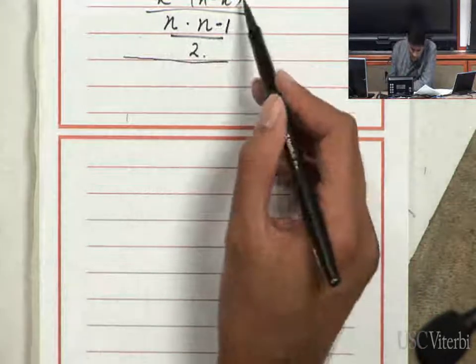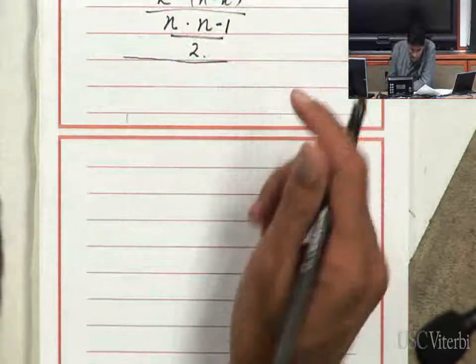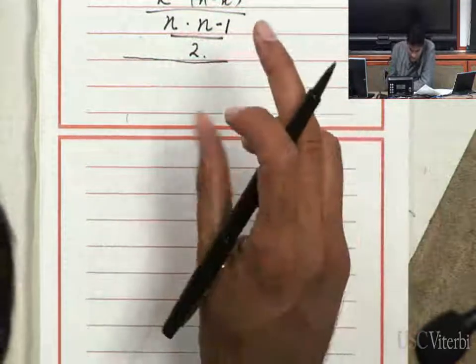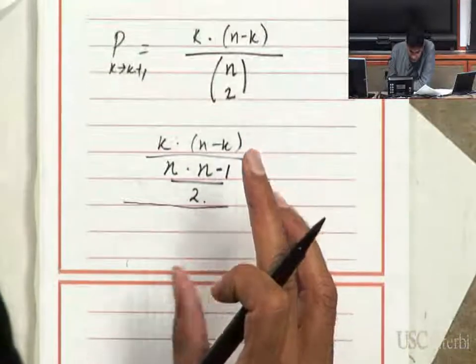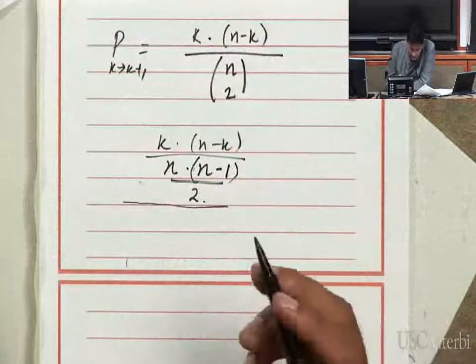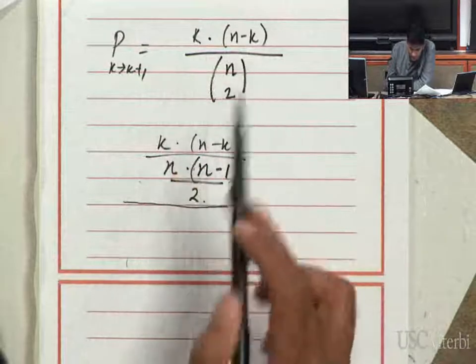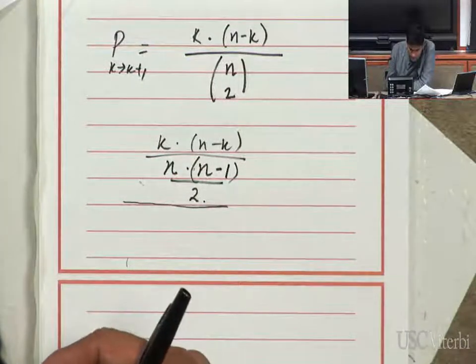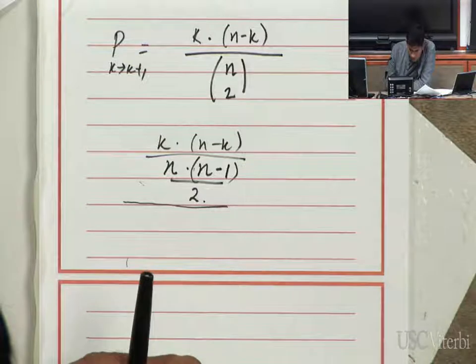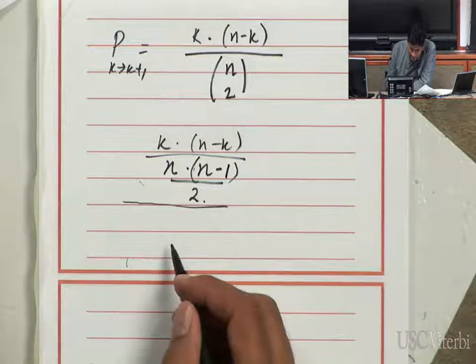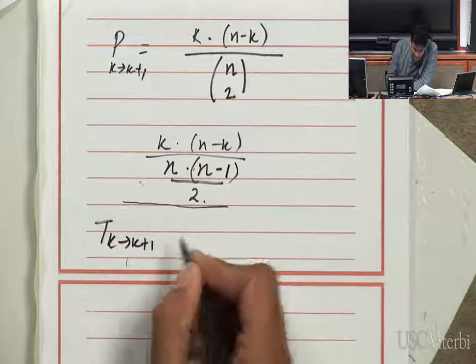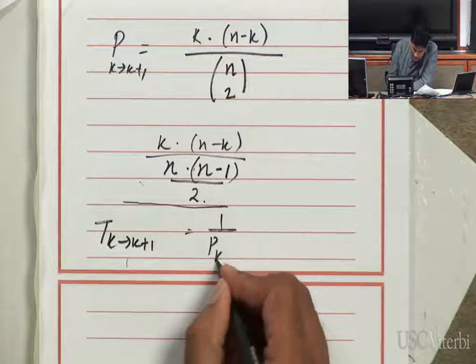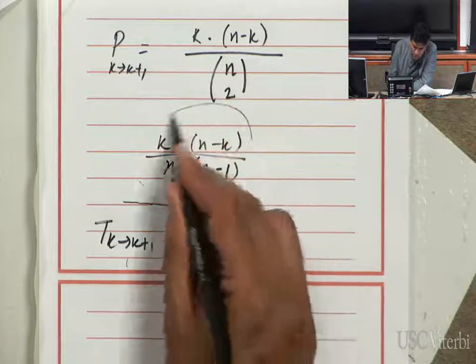So this is our success probability in one time step that we are picking one infected and one non-infected node. And the time to go from k to k plus 1 is simply 1 over p of k to k plus 1, because this is a geometric process.